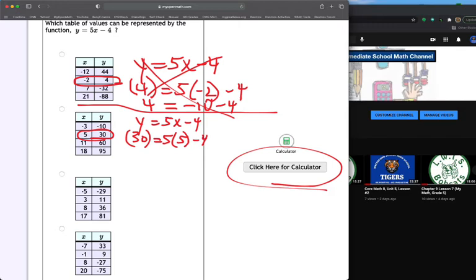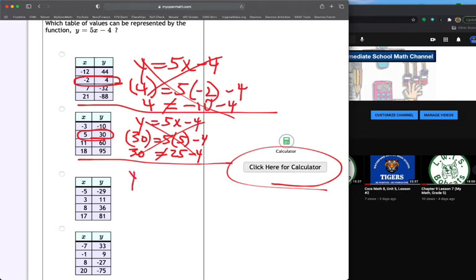So the x value is 5, so I'm replacing x with 5, and the y value in that ordered pair is 30. So we've got 30 is supposedly equal to 25 minus 4. Clearly, that's not a true statement, so that one doesn't work either. That means that table is not represented by the function y equals 5x minus 4.